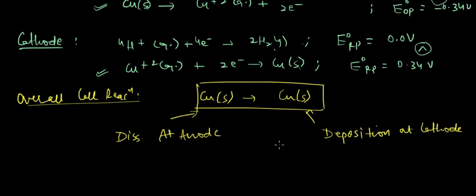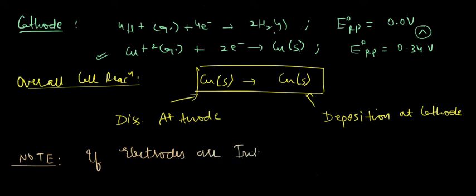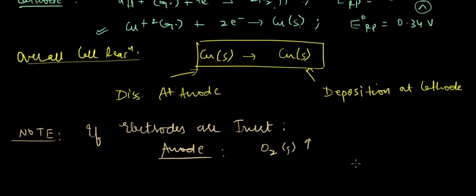Okay, so note that if electrodes are inert, then at the anode we can see the formation of O2 gas, and at the cathode again Cu(s) would be deposited.